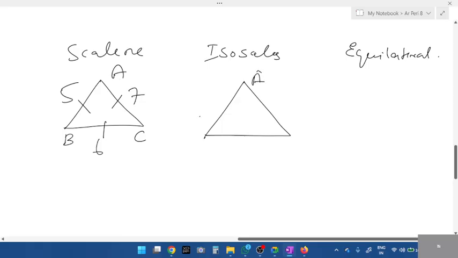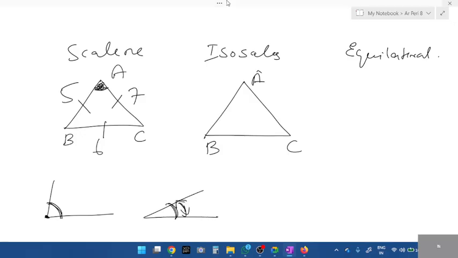Isosceles. Yes, tell me what's the meaning of isosceles. Very good. Two sides are equal. And one more thing, the angle of a scalene triangle. Angle is nothing but when I take two lines like this and join here, an angle is formed. Is it possible to measure this using a ruler?